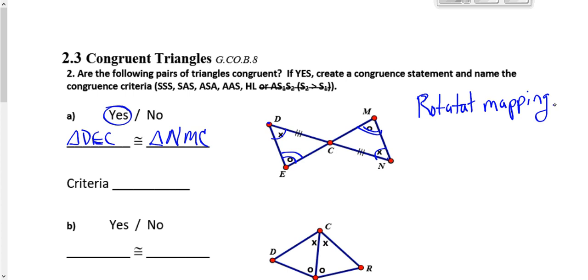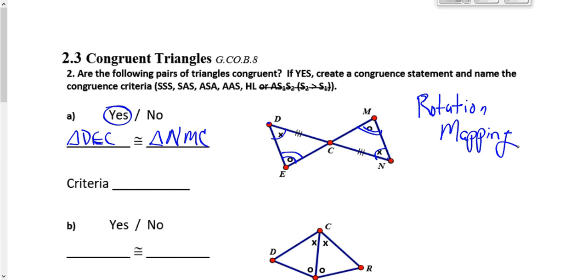We can look at it from the perspective of one of our triangle congruence theorems, or we could think of it as rotation mapping, R-O-T-A-T-I-O-N, mapping. Now we have two different ways to look at congruence, and we can reconcile the two.